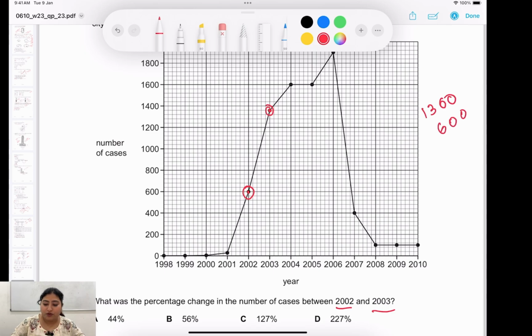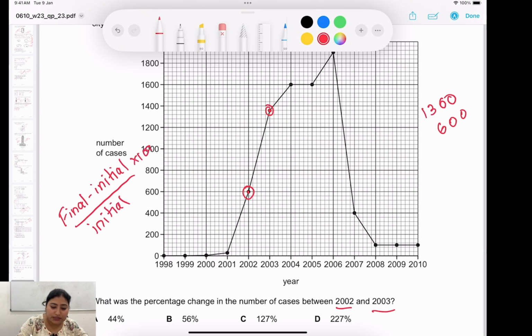So you have to calculate the percentage change. Now I'll tell you one formula which you have to follow. The final value minus the initial value upon the initial value into 100. This is the formula for percentage change. You always take the final value minus the initial value upon the initial value into 100.